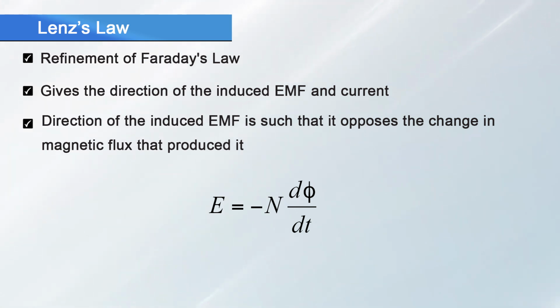If a magnetic field through the loop of wire is increasing, the induced current will create a magnetic field that opposes this increase. Similarly, if the magnetic field is decreasing, the induced current will try to maintain the field by opposing the decrease.